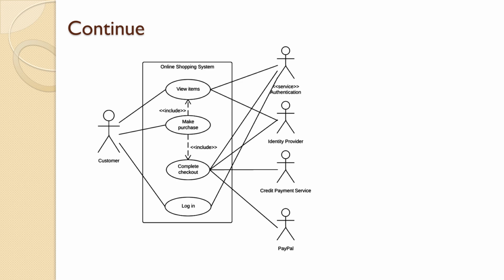Then they complete the checkout, checking whether the product is available. Once checkout is complete, the payment process begins, such as credit payment, with options given to pay the money. Then we pay the money, log in, and check out the items.